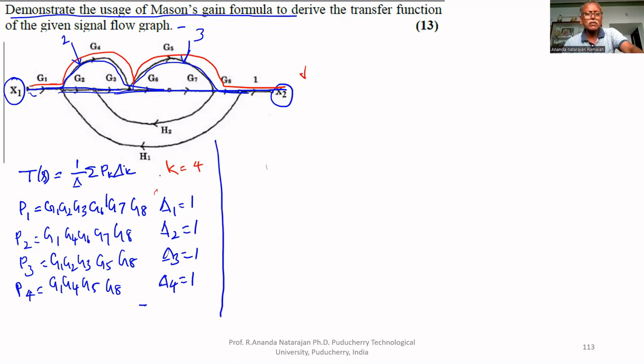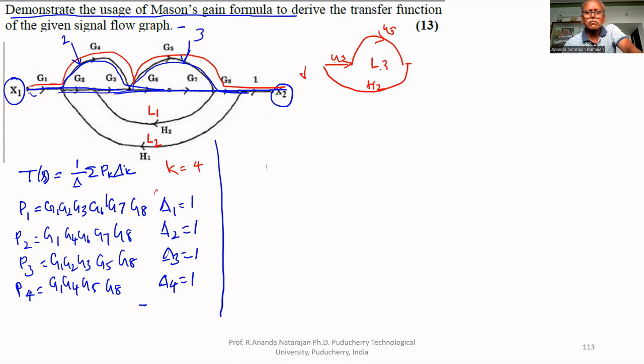So all forward paths are over. Loops, how many loops are there? This is loop 1, loop 2. Loop 3 is this: G3, G5, H2.